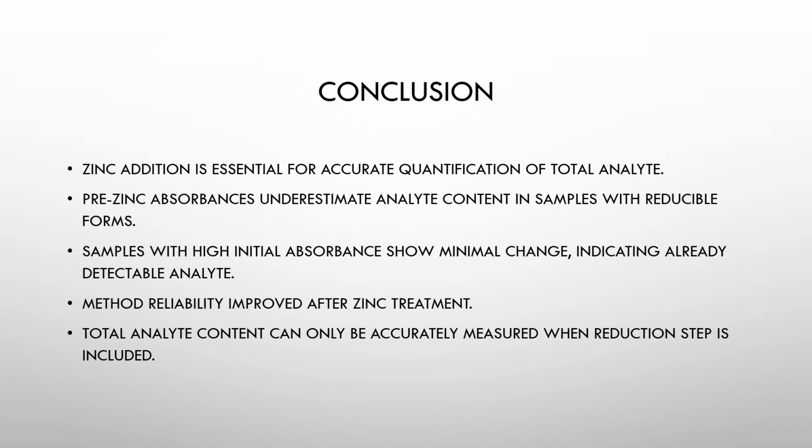Samples with low initial absorbance experienced the largest increase after zinc treatment, highlighting the importance of the reduction step for accurate quantification. And the method is more accurate and reliable when zinc is added. It ensures measurement of the total analyte content rather than only the portion already reactive with the color reagent.